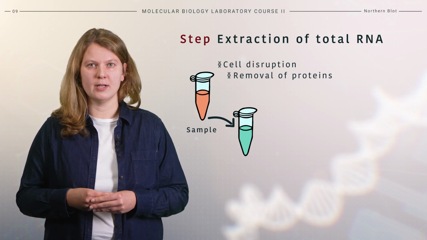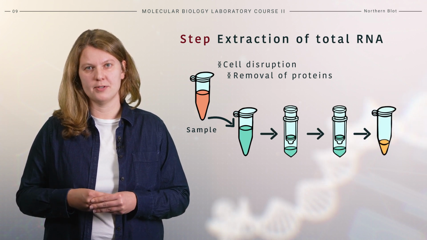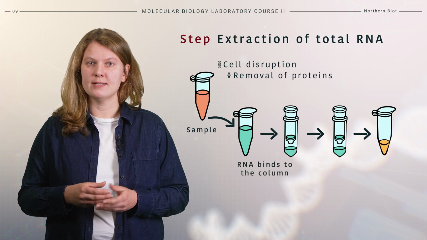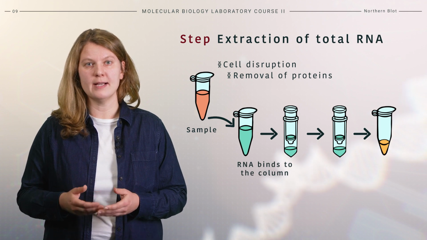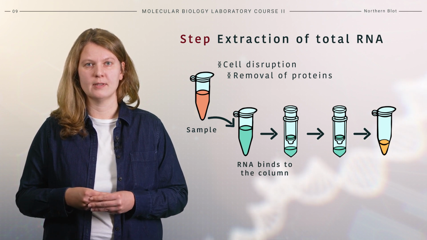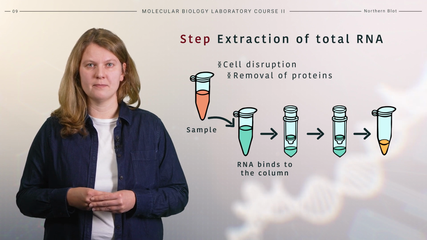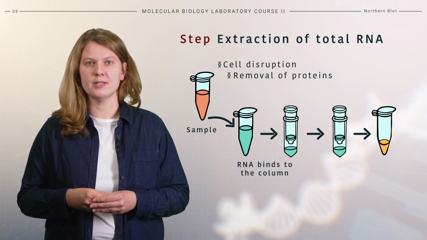Nowadays, RNA isolation is done using commercially available kits based on membrane filters. These utilize membranes that contain silica or glass fiber to bind nucleic acid and are placed in spin columns. Samples are lysed in a buffer containing RNase inhibitors. Then, the lysates are passed through the membrane using centrifugation.